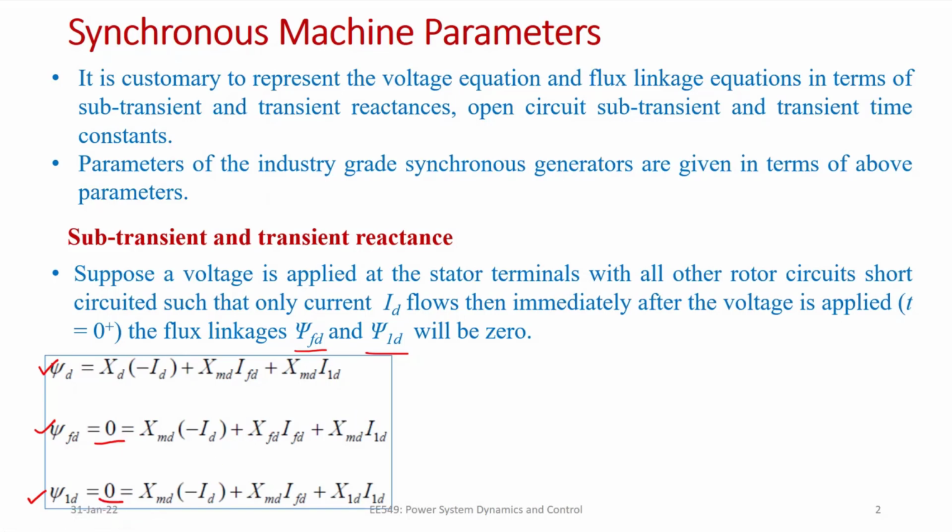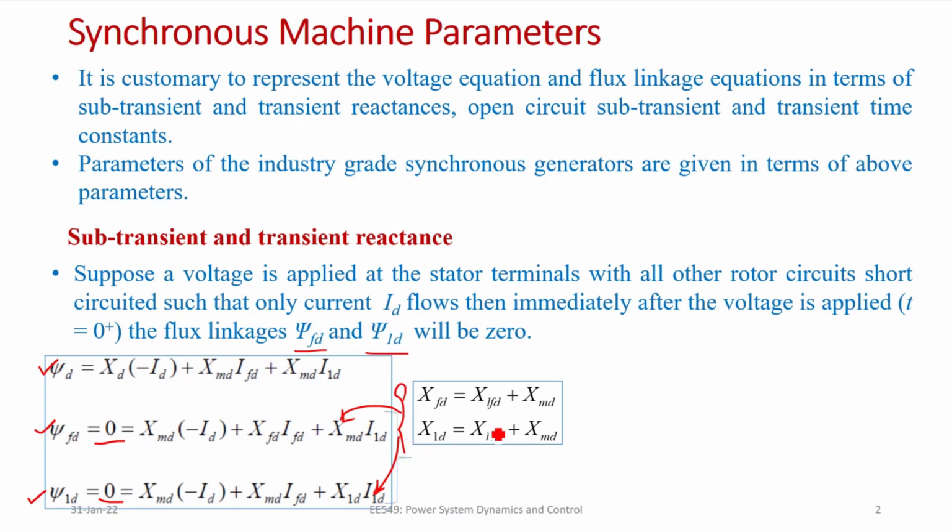Now from these two equations, of course we have to substitute xFD equal to xLFD plus xMD, and x1d equal to xl1d plus xmd. Substituting these parameters in these equations, as I told in the last class, by eliminating I1d once we'll find IFD, and by eliminating IFD we'll find I1d in terms of ID.